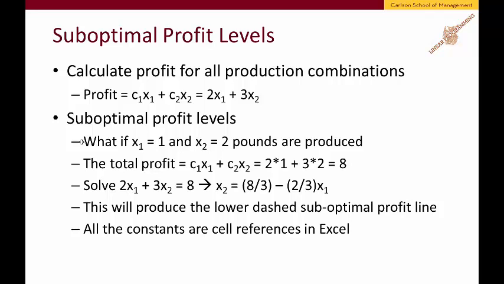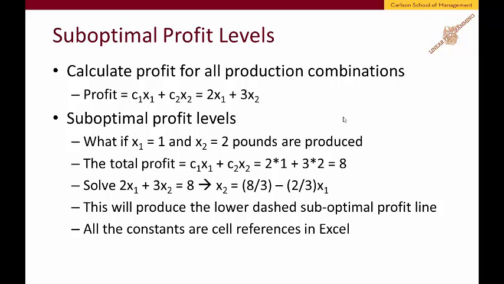So the example on this slide uses the production schedule x1 equals 1 and x2 equals 2 that I've already used before, and yields a profit of $8, which is clearly suboptimal because 8 is less than 9.6.